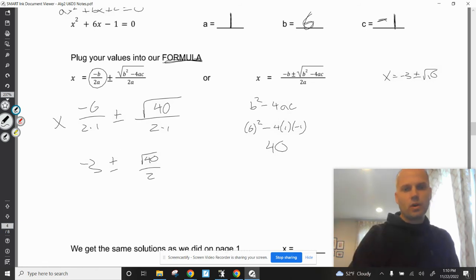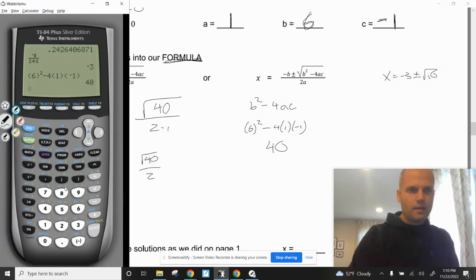Well, I don't like the square root of 40. It's not simplified. The square root of 40 is not an easy number to figure out. But what is a perfect square that goes into 40? Well, it's not 16. It's not 9.